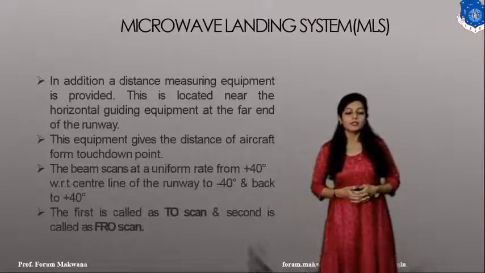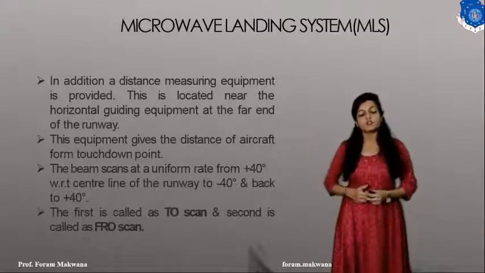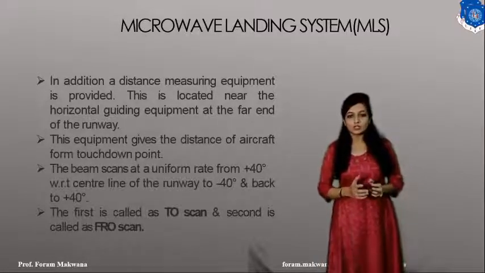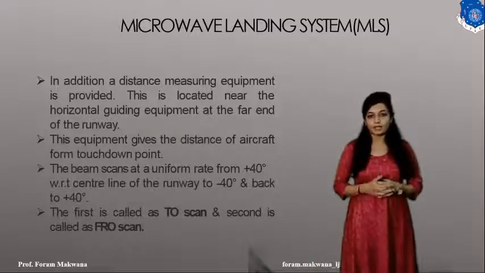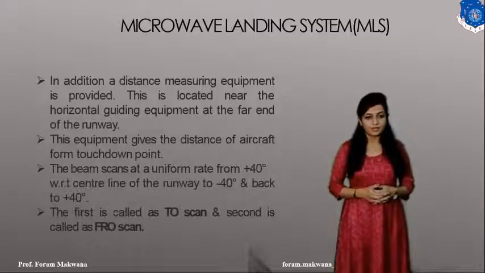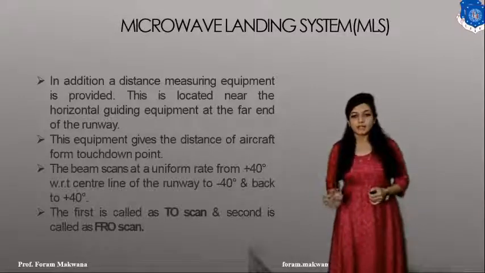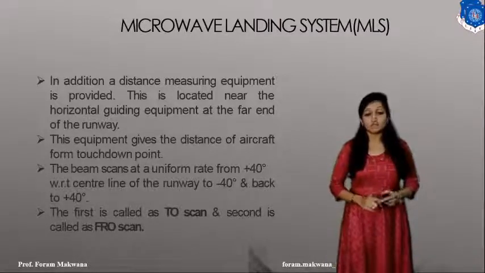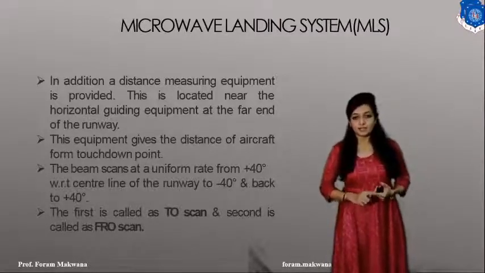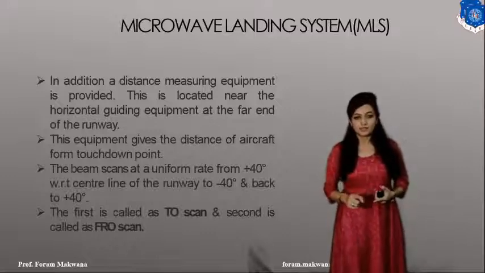Apart from that, in addition, distance measuring equipment is provided, which is located near the horizontal guiding equipment at the far end of the runway. Right? So if we need to scan horizontally as well as vertically, the horizontal beam should be as narrow as possible, such that the directivity is increased.